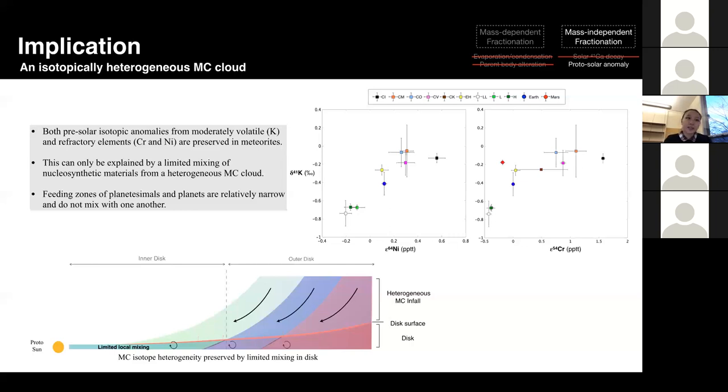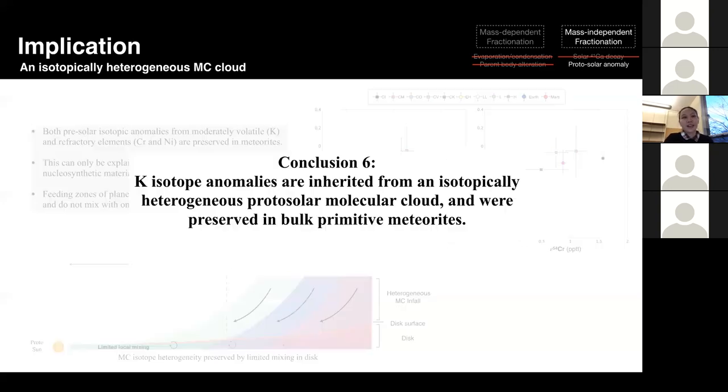It will be great to see if future observations support this hypothesis, but for now we conclude that potassium isotope anomalies are inherited from the isotopically heterogeneous protosolar molecular cloud. And those anomalies were preserved in the bulk primitive materials based on our potassium data.